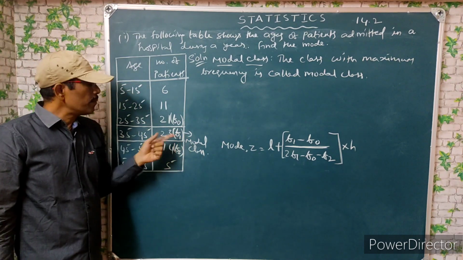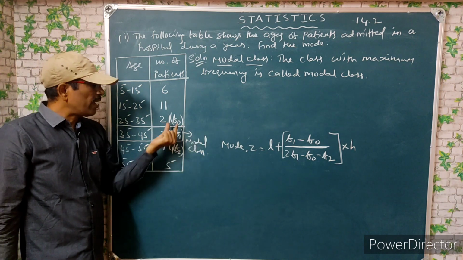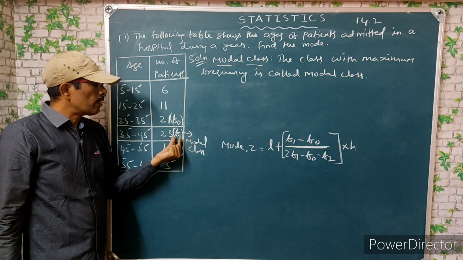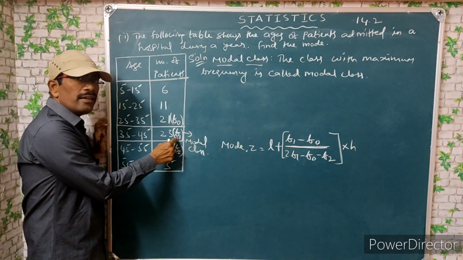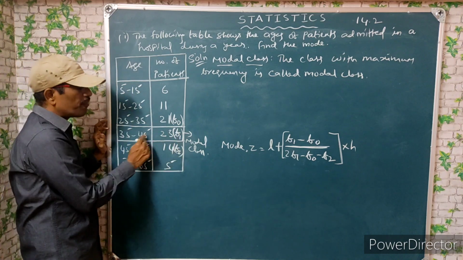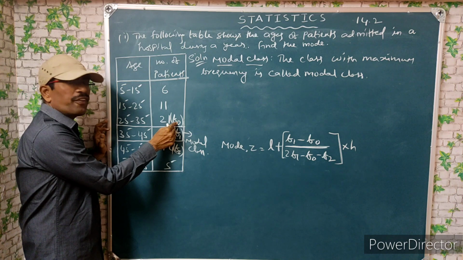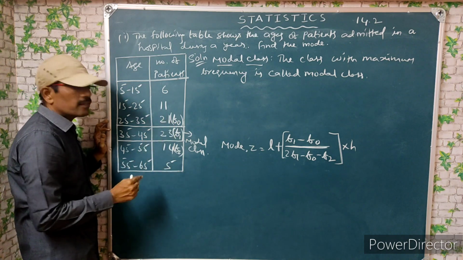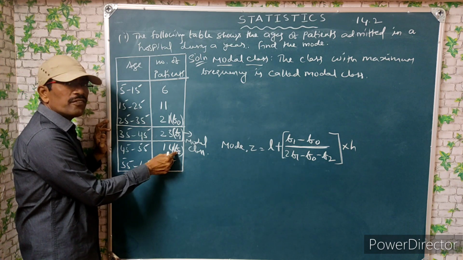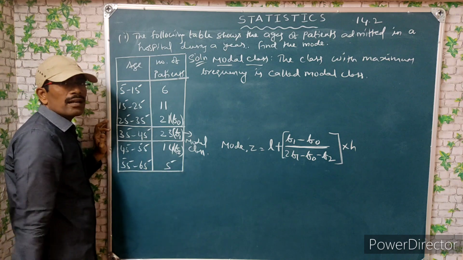After finding the modal class, identify F0, F1 and F2 in the frequency table.